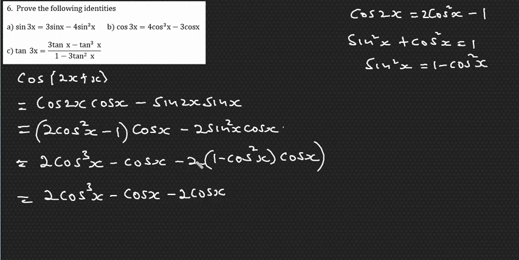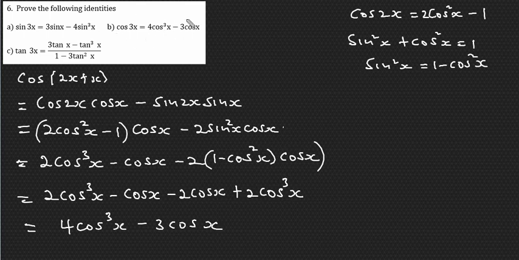Then we have a minus 2 cos times minus cos squared, now this becomes a plus 2 cos cubed x. So when you look at this, 2 cos cubed plus 2 cos cubed, you get 4 cos cubed x, then minus 3 cos x. And when you look at what is needed, we have proved it. So left hand side is equal to the right hand side.